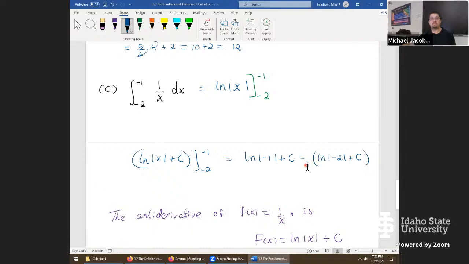Then when you distribute this negative sign across, the constant just cancels out. You're just going to get natural log of 1 after completing the absolute value here. This constant is gone, minus natural log of 2. The whole thing just turns into natural log 2. So that would be the answer on this thing, whether we put a constant on it or not.